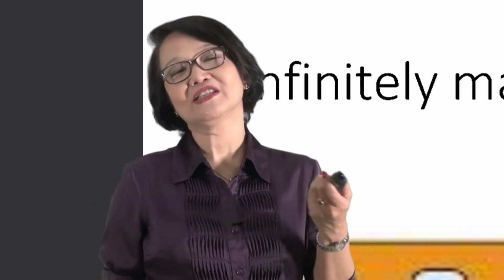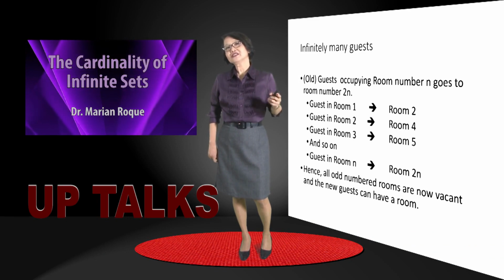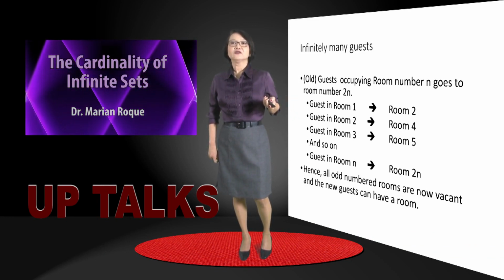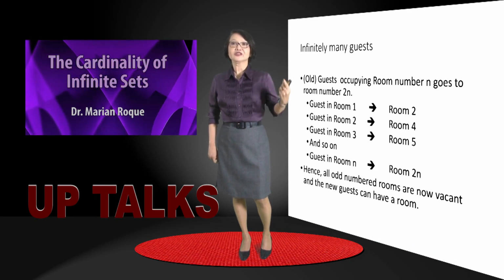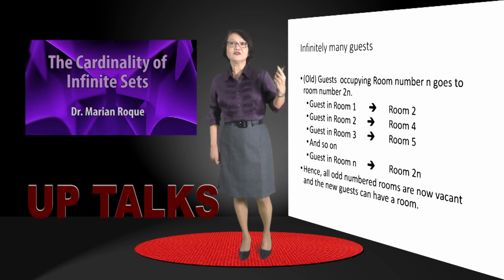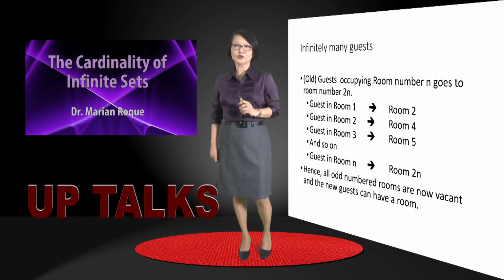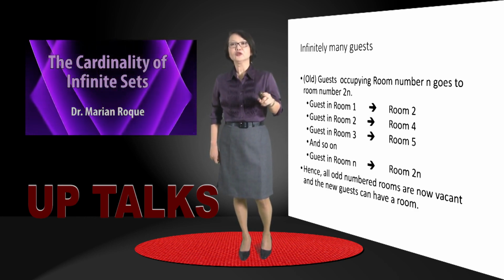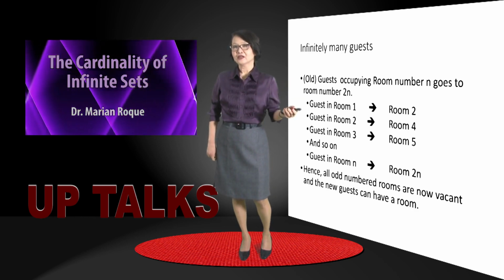So how do we do it? So what we do now, it's not that simple. What we do is you ask the person, guest 1, in room 1 to move to room 2. You ask guest 2, who is in room 2, to move to room 4.